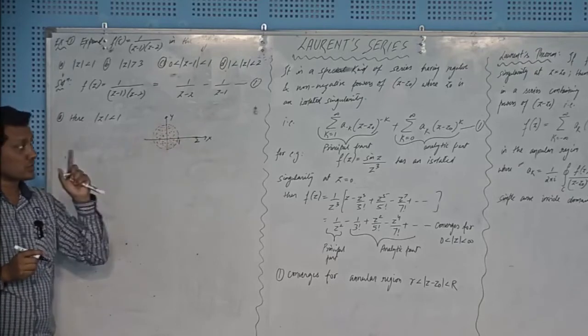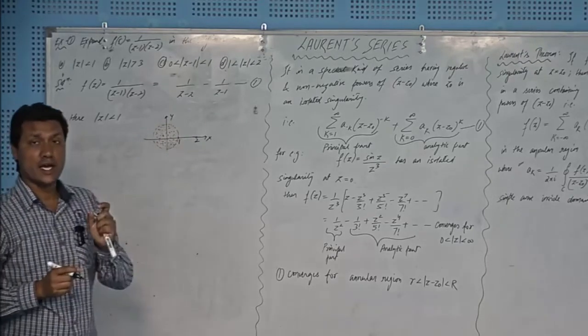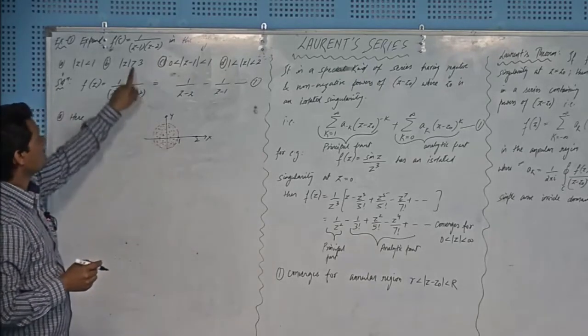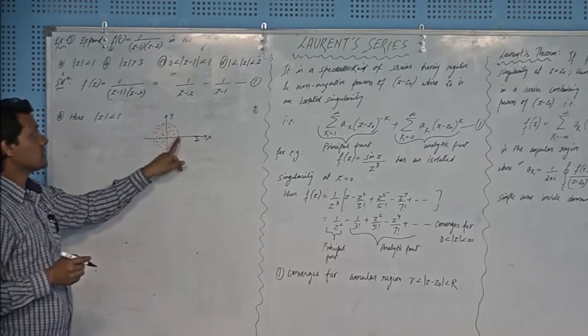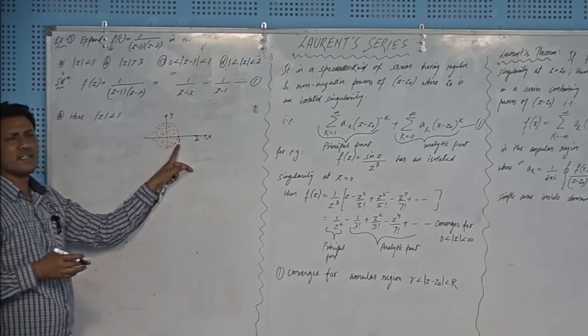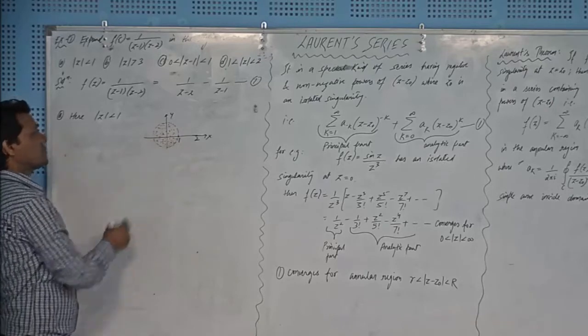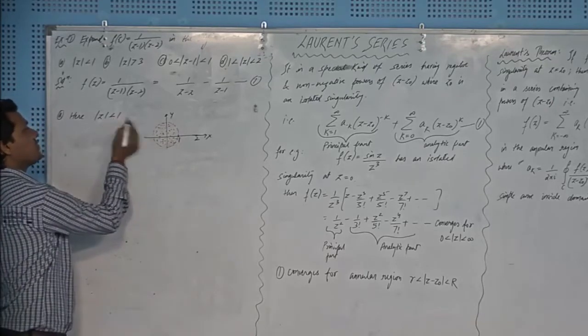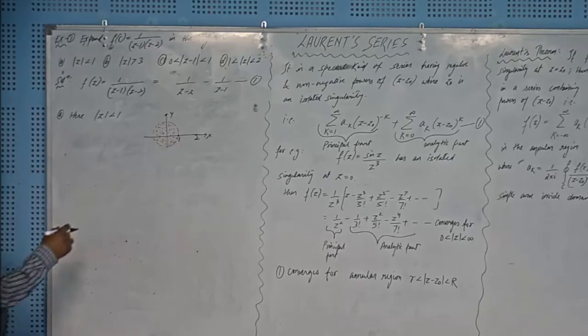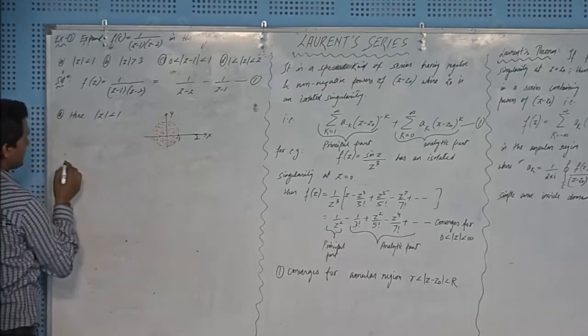The assumption is also that the function should be analytic in that region, and inside this red region the function is analytic because the disk is not passing through 1, which is a singularity of this function. So 1 is at the boundary, and the boundary is not included since this is only a less than symbol.